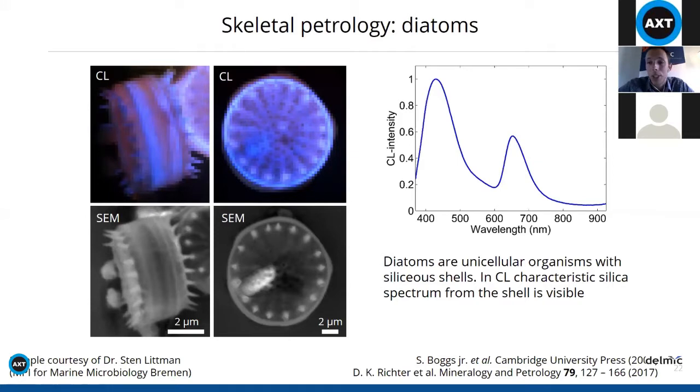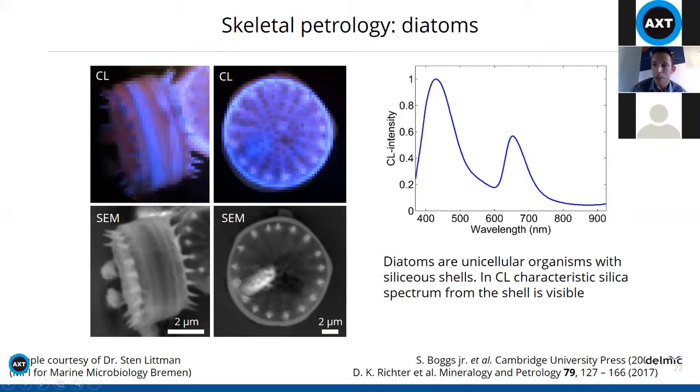When I measured them, these diatoms had been taken out of a lake only a few weeks before, so it's not really fossilized yet, and maybe not really geological research in that sense. But I want to show that you can measure the cathodoluminescence on these anyway. You can image them, and you can also very clearly see that the shell is silica based, which is very clearly visible in the cathodoluminescence.